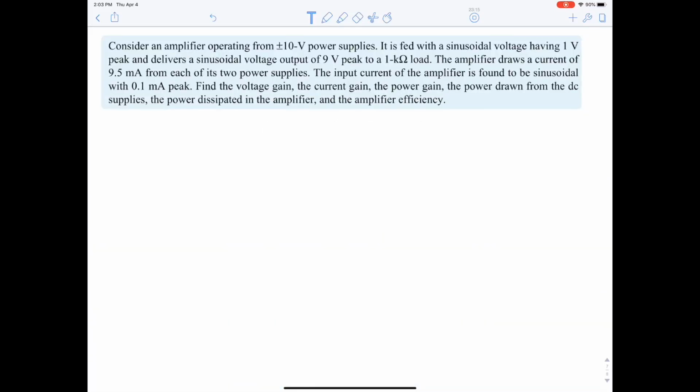Okay. So what does this question say? It says, consider an amplifier operating from ±10-volt power supplies. So let's start drawing this. We have 10 and -10 on the power supplies.